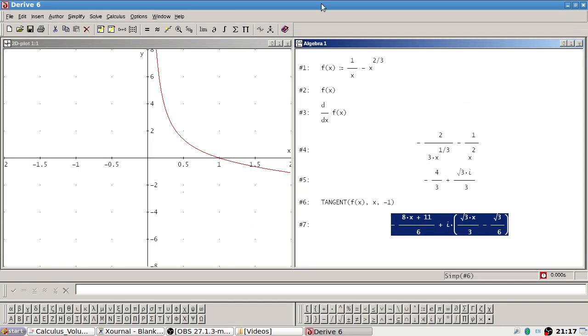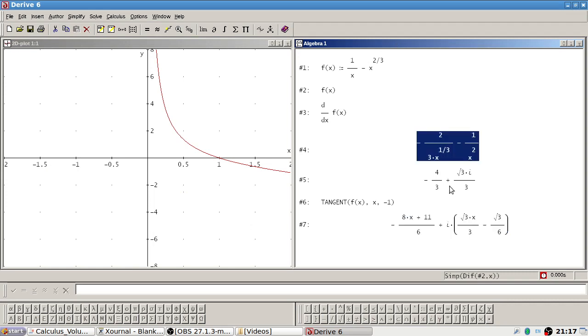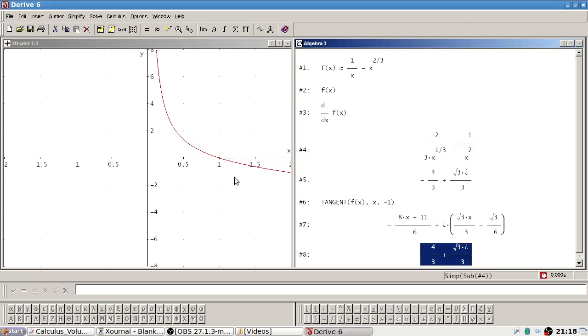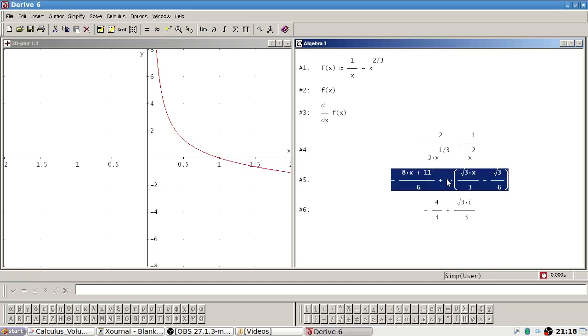No, why is there a problem here if you put in minus 1? Because the cube root of minus 1. No, why is it doing that?